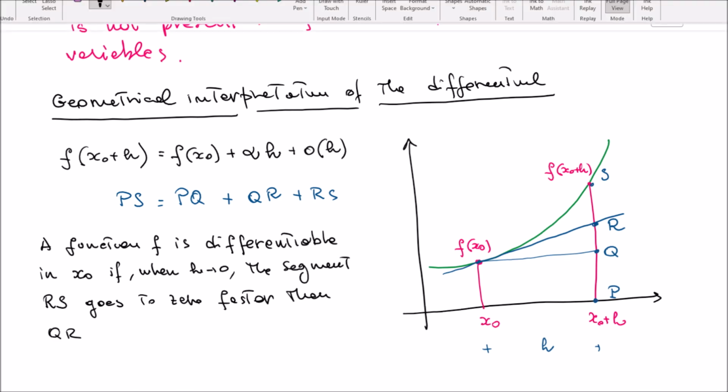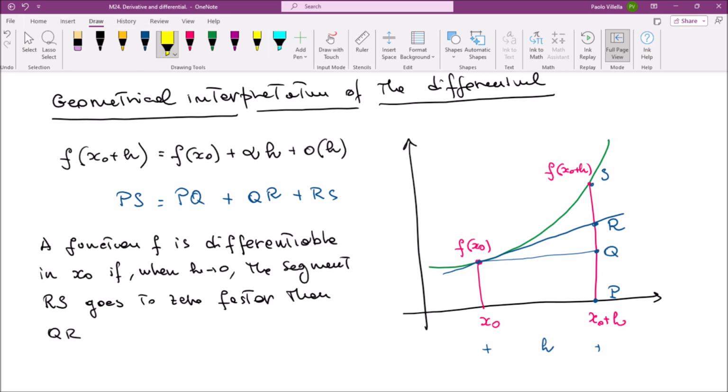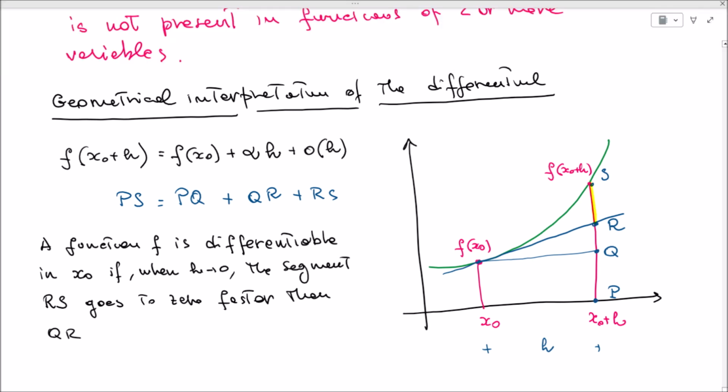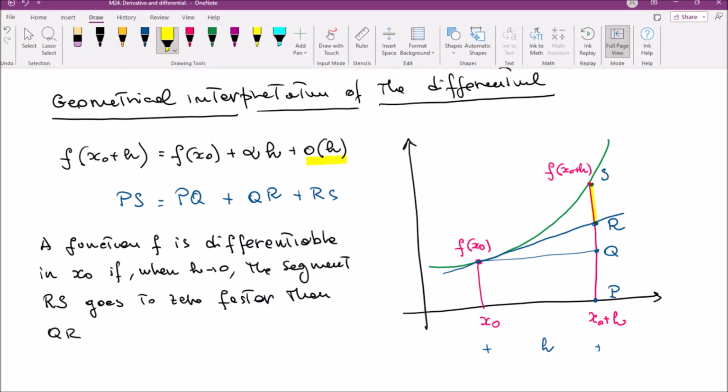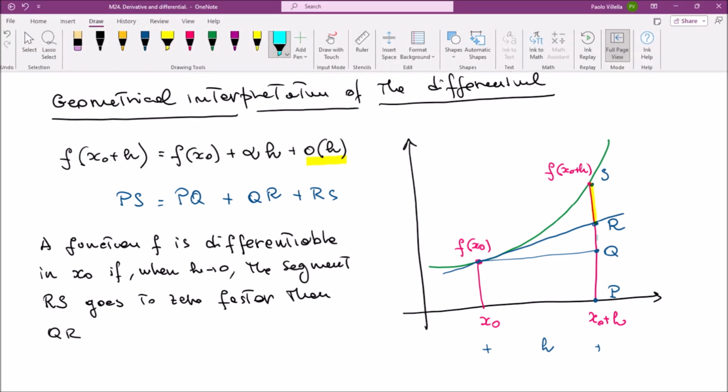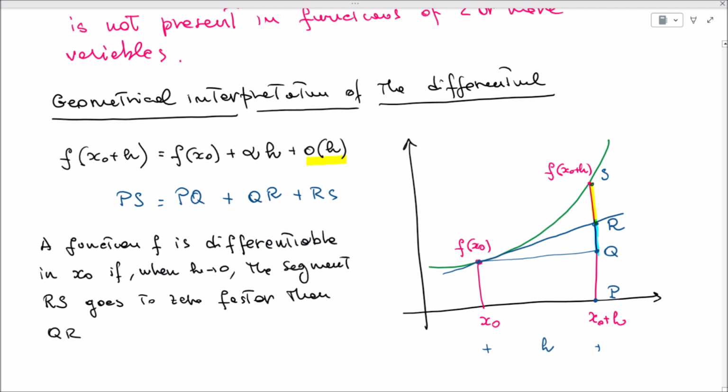So we are saying that this segment RS, which corresponds to little o of h, needs to go to 0 faster than the segment QR, which is exactly this, and in our case is alpha h.